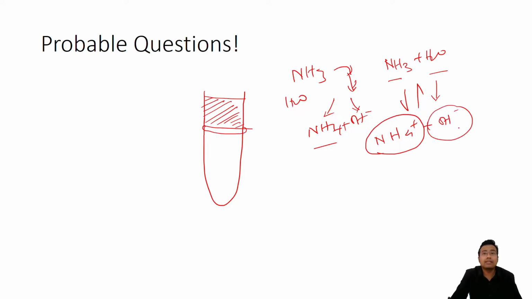There is already an excess amount of OH minus present. However, we need an excess amount of NH4 plus in the solution. If the solution is already saturated with ammonium ions, then there is no need for ammonia to further dissolve in water and break down into ammonium and OH minus.